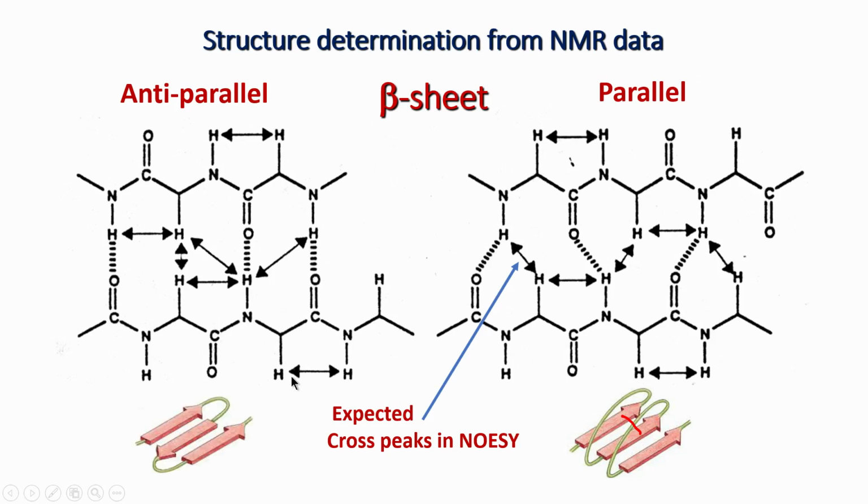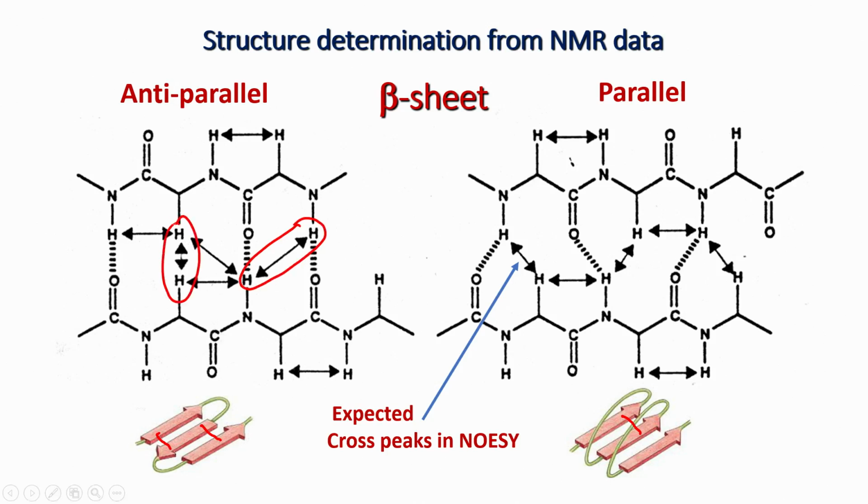Similarly, on this side, if you look at it, this is an anti-parallel beta sheet, where the strands are anti-parallel. Any 2 amino acids here, for example like this, I am drawing by the red line, could be far apart in the sequence, but they could come close in space because of these hydrogen bond interactions. So, you can see this proton to this proton, for example, is very characteristic of the beta sheet.